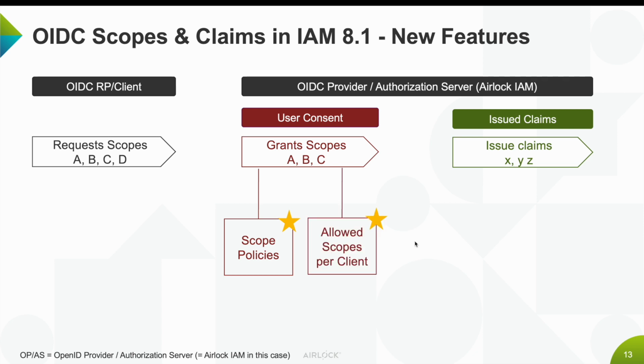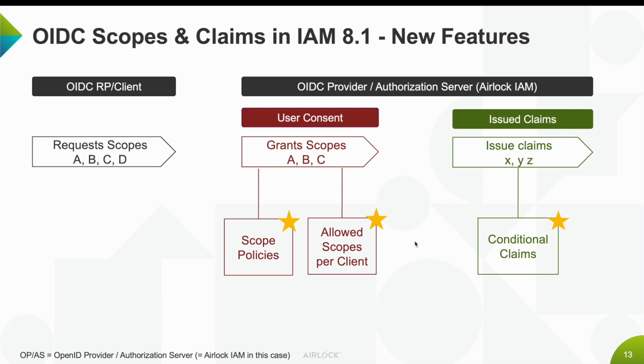Then you can define allowed scopes per client. So for all clients that are part of the configuration, you can define a list of scopes you want to allow or disallow. And on the claim issuing side, we introduced conditional claims. A conditional claim is a claim that is only issued if some condition holds.